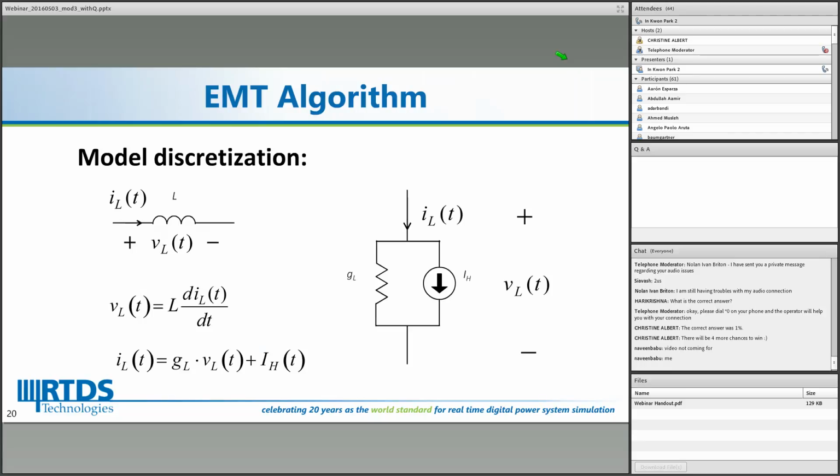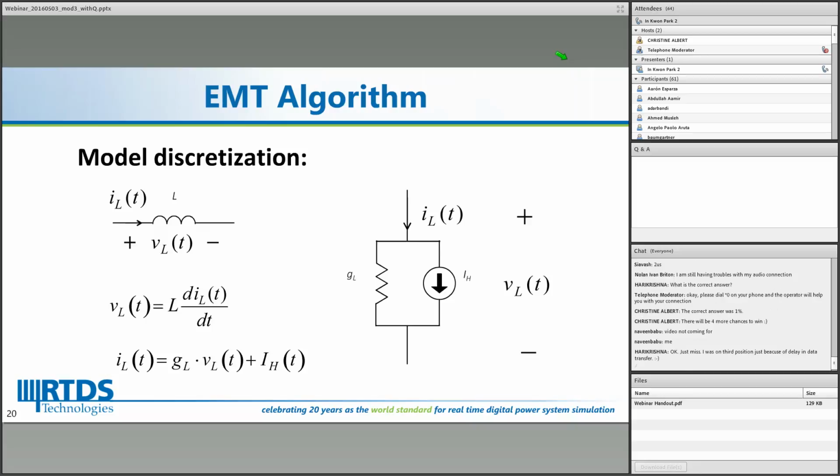Of course, once again, with paper and a good calculator, we can solve the necessary differential equations by hand, and there is even a chance that you can come up with the exact solution. But again, what we want to do here is ask a computer to solve our circuit. So model discretization means that we need to apply a certain integration technique to transfer those differential equations into algebraic equations.